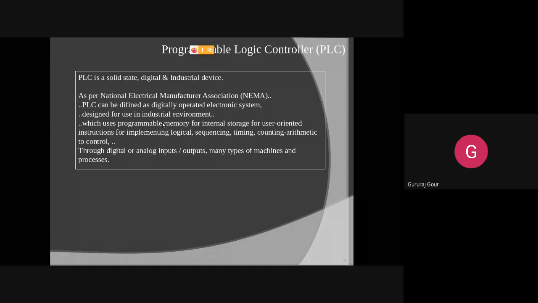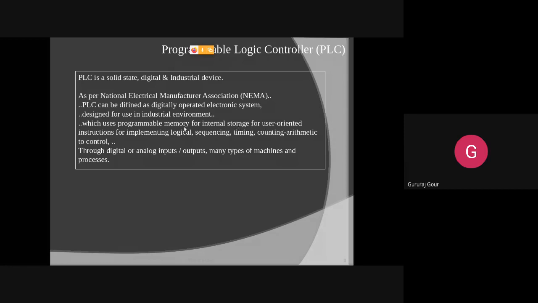If you are programming, we need to have some memory there, which uses programmable memory for internal storage of whatever instructions you are giving, or which will be processed to provide you further processed outputs.